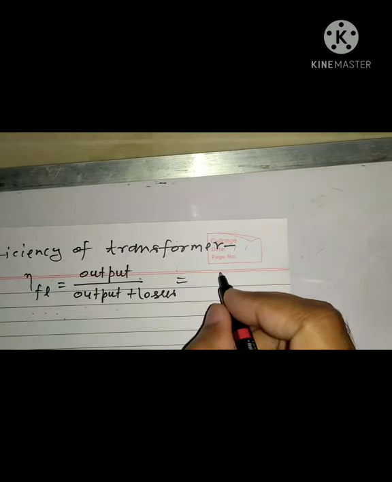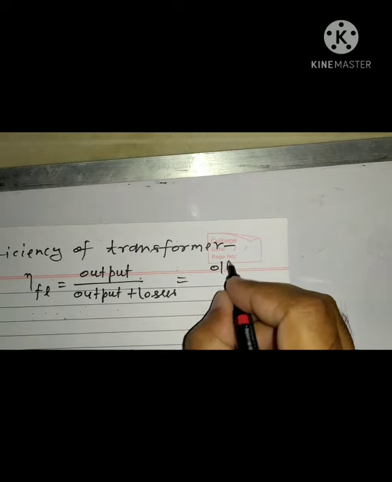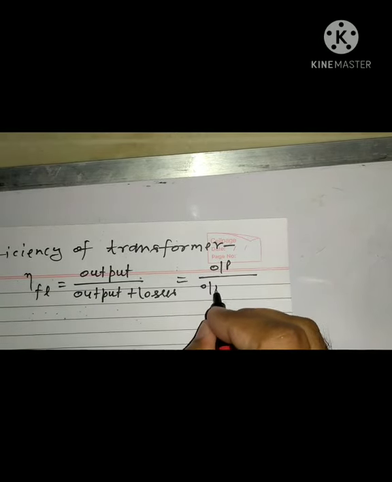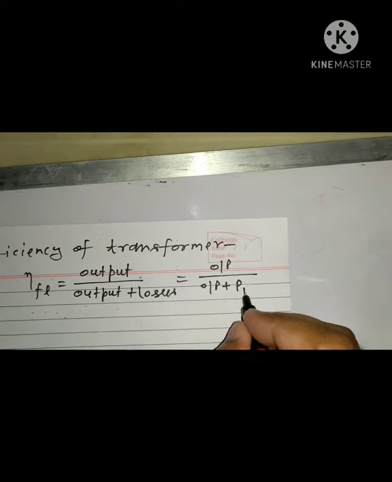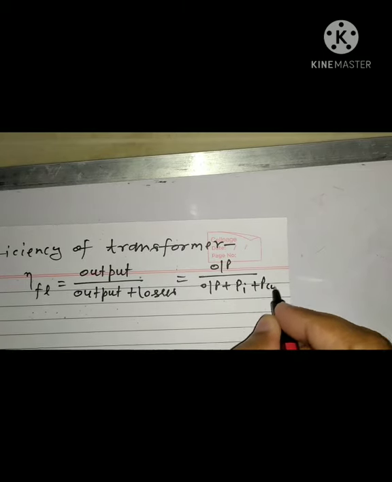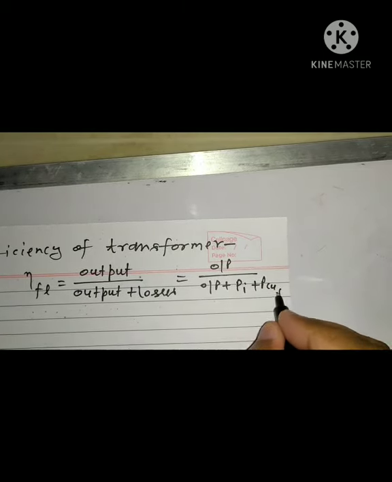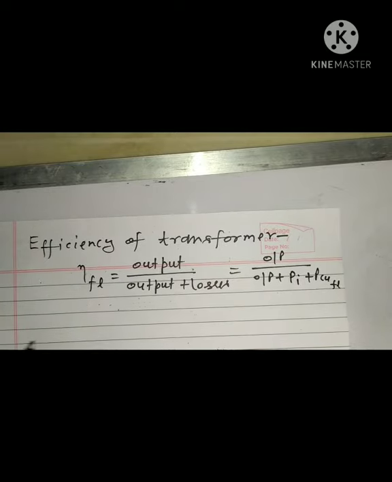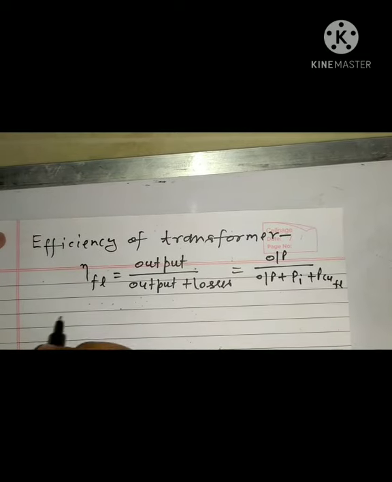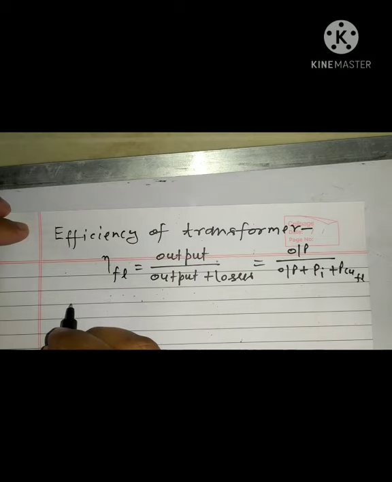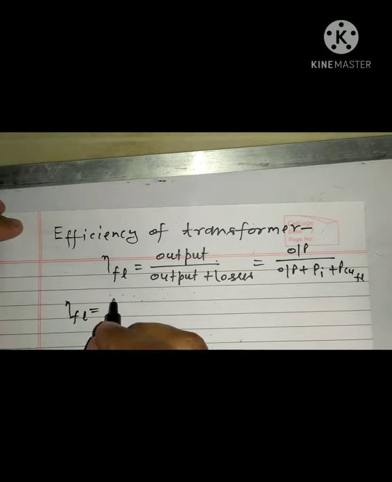And in transformer we know what the loss is: output by output plus iron loss plus copper loss, say at full load. So efficiency at full load can be written as output.